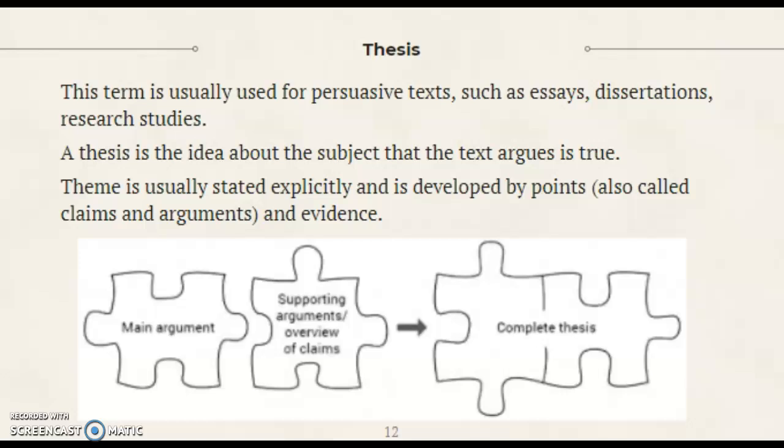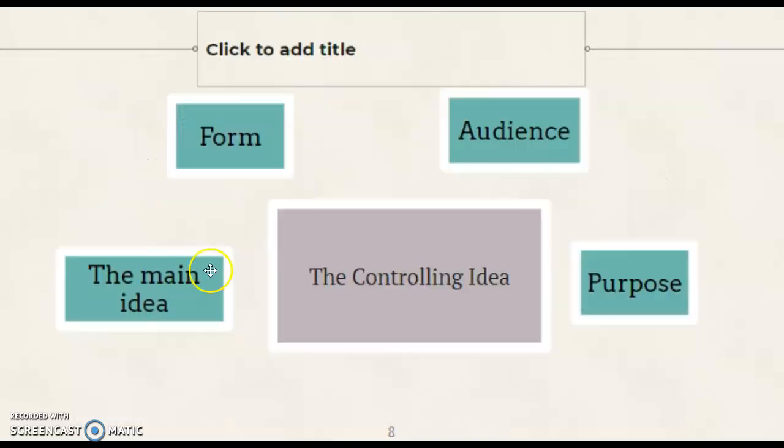So thesis is usually stated explicitly and is developed by points that are also called claims and arguments and evidence. So if we go back to those vague definitions that we had before, think about how the form, like narrative texts or persuasive texts, and the author's purpose, like to entertain or inspire or to persuade, and then what the idea is about the topic or what the idea is about what happens in the text, how all of these things help you find the theme and the thesis.